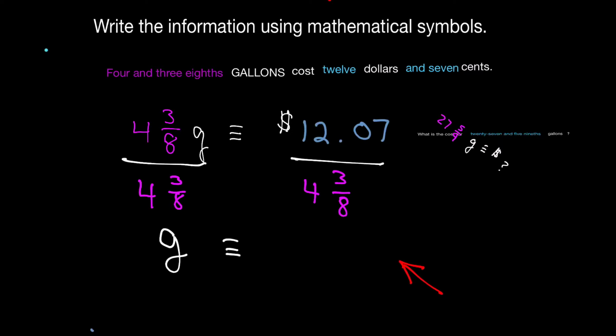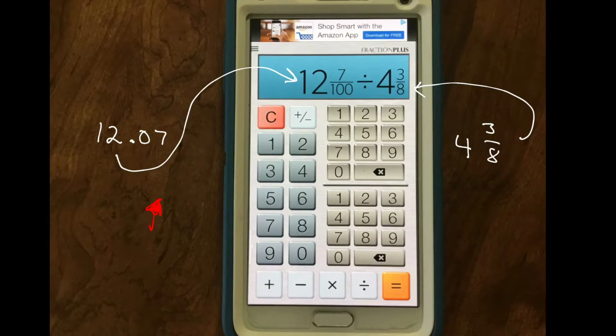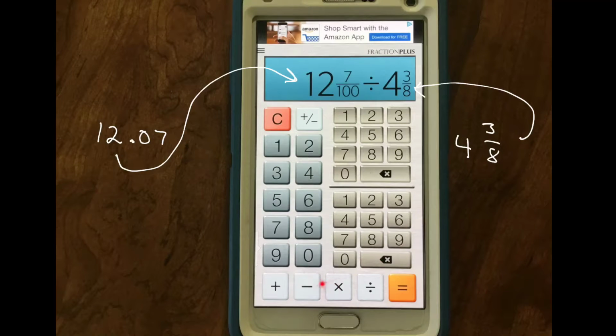So now we're going to divide. I suggest you get a calculator which can handle fractions if you don't want to do it using your brain. The calculator I had would only do fractions, so I took the 12 7/100 of a dollar and typed it in as 12 7/100, and then I divided by 4 3/8.